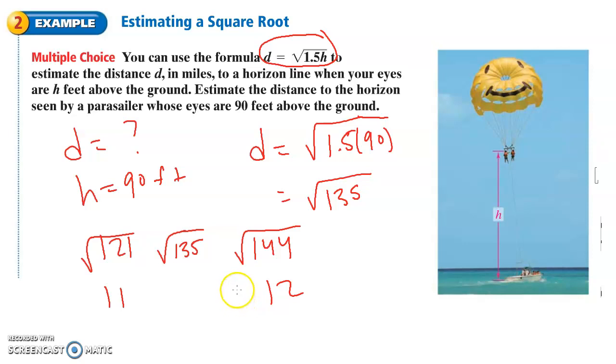Well, we can figure this out by using simple subtraction. If I subtract 135 minus 121, it's about 14 away. And if I subtract 144 minus 135, it's about 11 away. So it looks like this is closer to 12. So if we ever have to estimate the distance, and this problem asks you to estimate, we're just going to round to the nearest whole number.